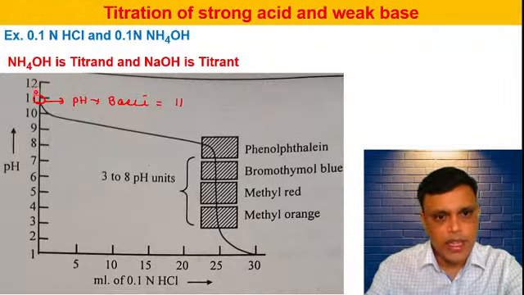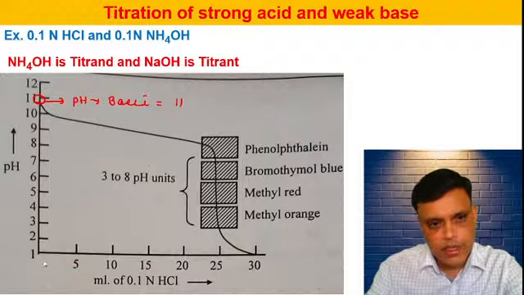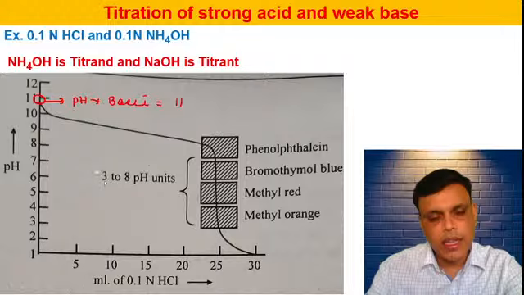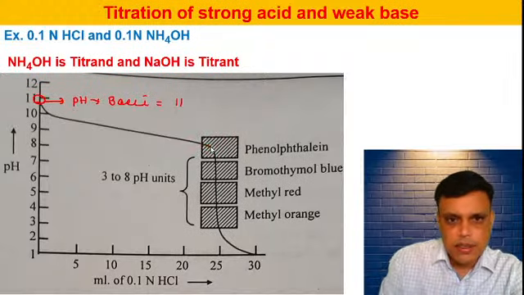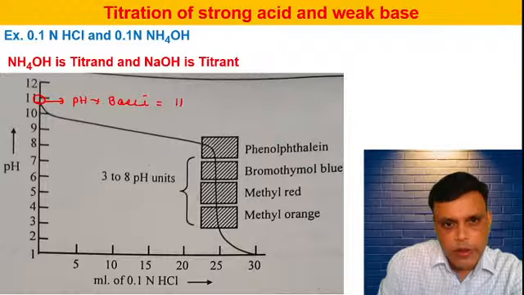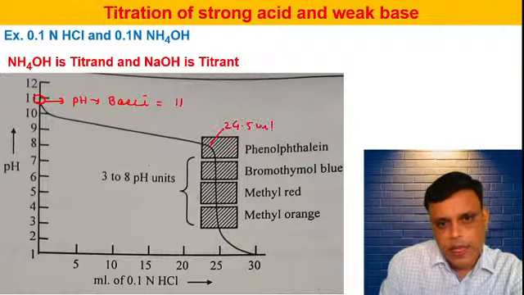And as we keep adding 0.1 normal HCl, as you add 5 ml, 10 ml, 15 ml, the pH will start slowly decreasing, and up to this point, that is 24.5 ml of HCl.